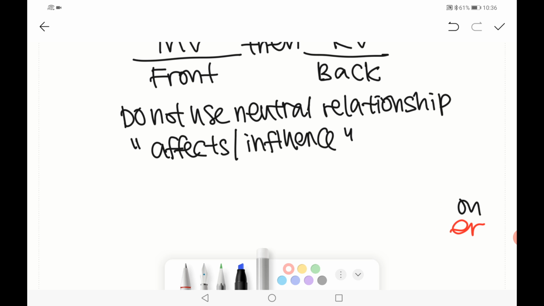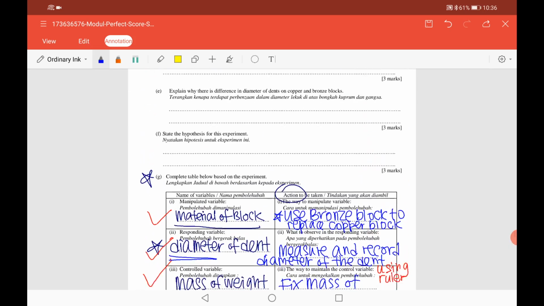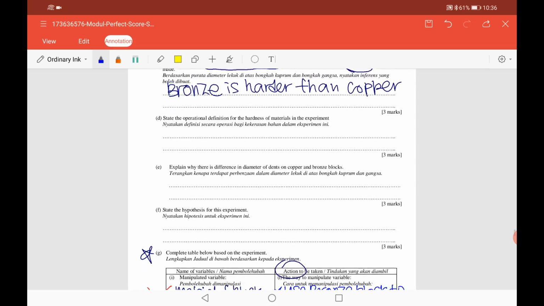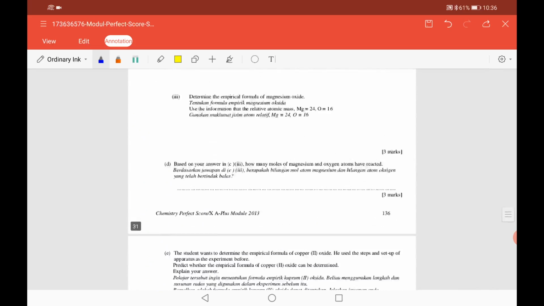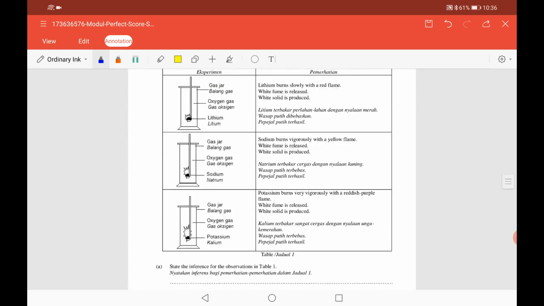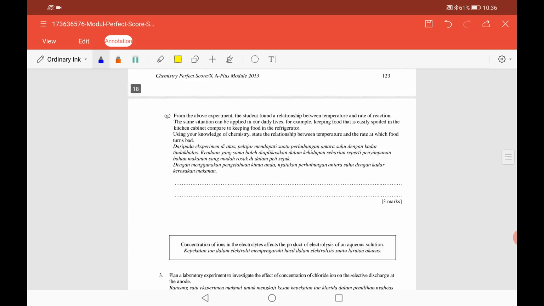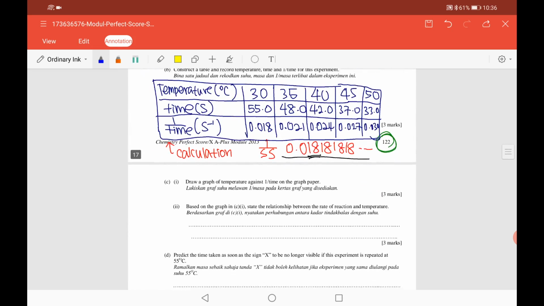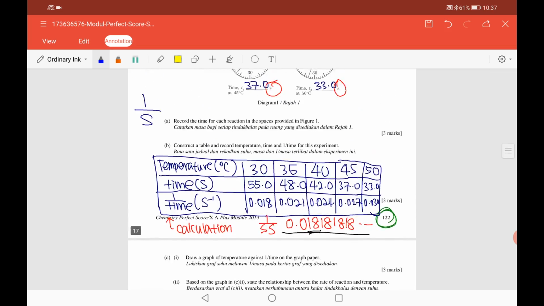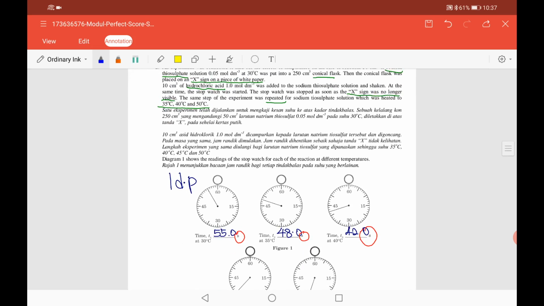Okay, so now let me show you two questions based on what we learned just now. Let's say we go for the questions for rate of reaction that we learned just now, the cross mark, the cross sign.